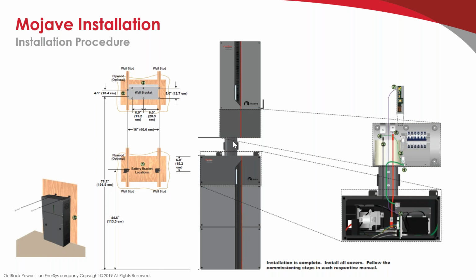However, it is not frowned upon to mount it differently. Let's say your garage ceiling does not allow a clear space of 7 feet 3 inches; you can mount it to the side or in any other configuration. If that's the case, you can simply make your own cables. That's totally fine. There are knockouts on the sides of the battery and also on the inverter.